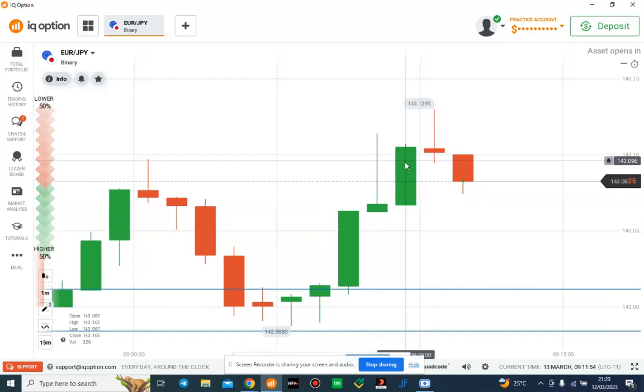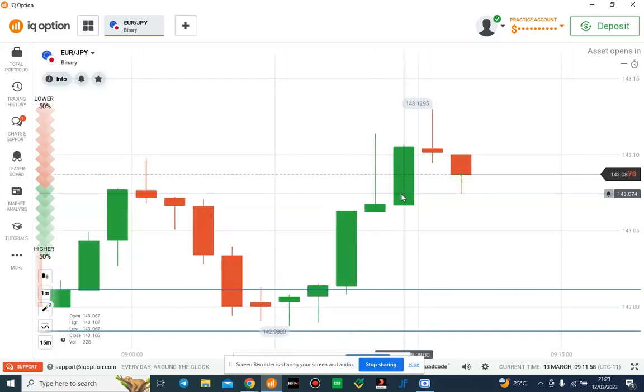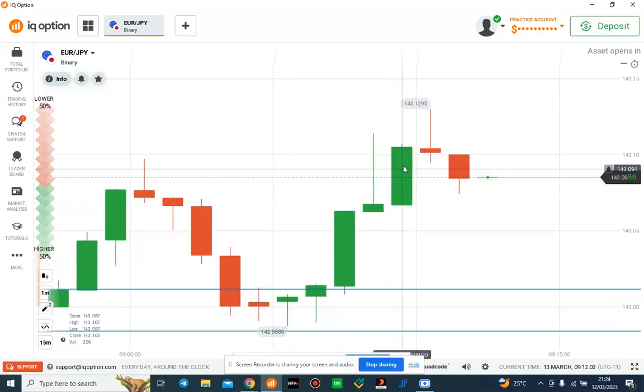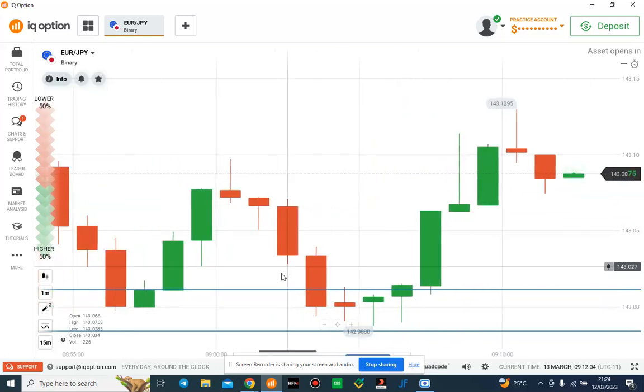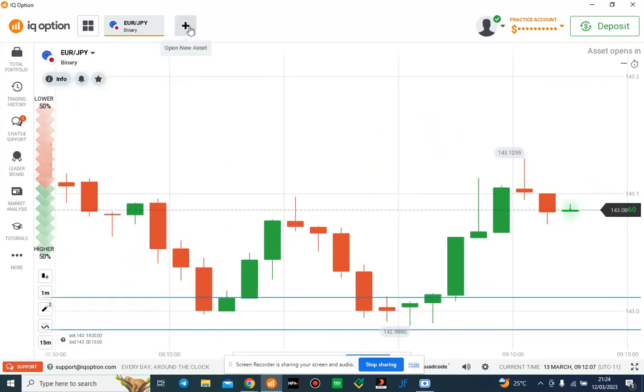Then after the hammer, we see buyers move. We see buyers' entry, which means that buyers entered from this area to the upside, okay? So let's check some other examples on how to draw support and resistance.